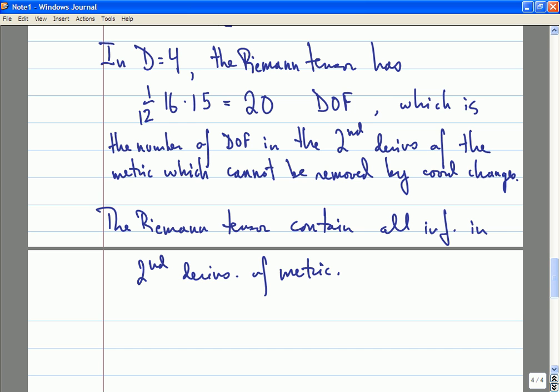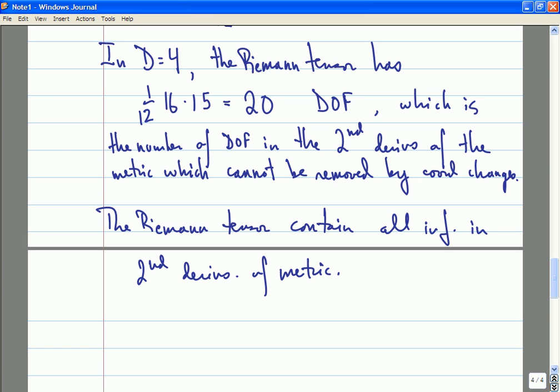So, for example, last time when I counted the number of degrees of freedom in the second derivatives of the metric, and I subtracted off the number of degrees of freedom in the change of coordinates, I only did that in 4 dimensions because I'm lazy and that's all I felt like doing. You could go through the exact same argument in any number of dimensions, and you would get the answer that I wrote down for the number of degrees of freedom in the Riemann tensor. So, yeah, I don't know if that answers your question, however.